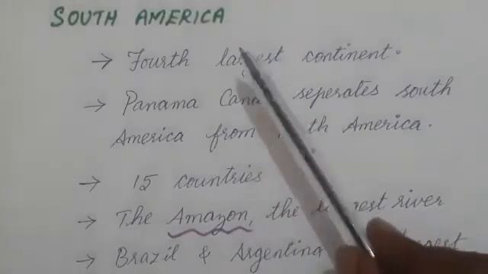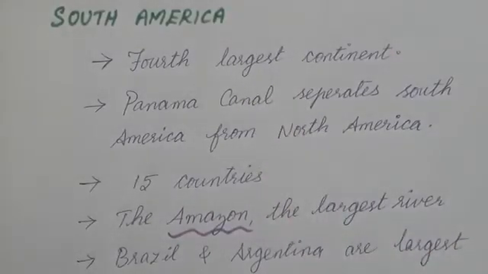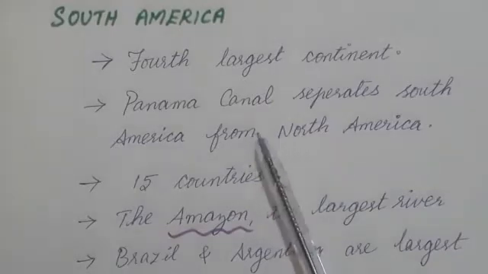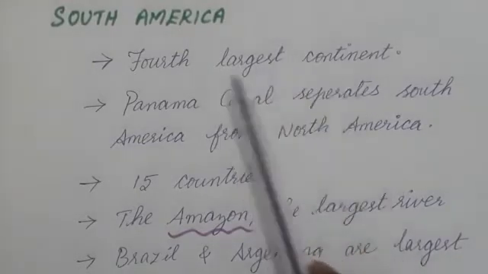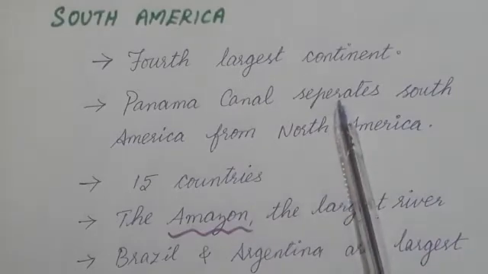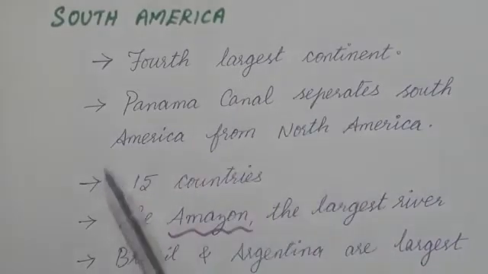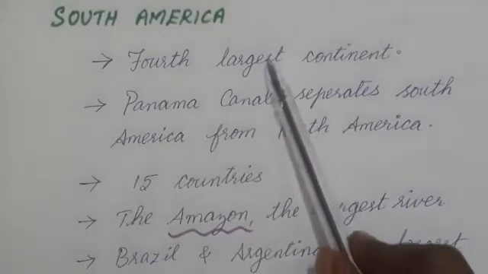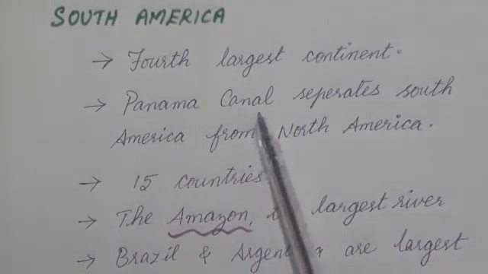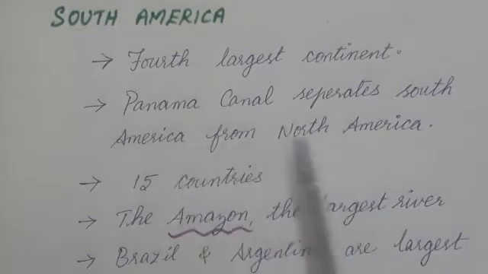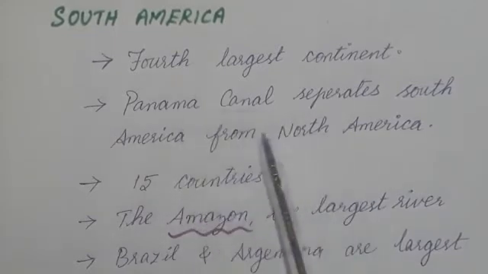And the next continent is South America. It's the fourth largest continent. Which is the fourth largest continent, children? South America. Here, this South America and North America is separated by a canal, that is Panama Canal. Which canal separates North America from South America? Panama Canal.